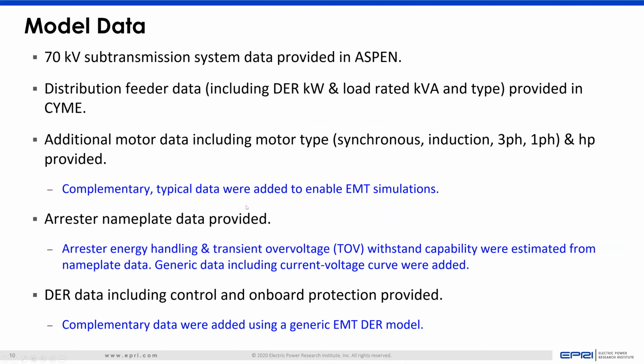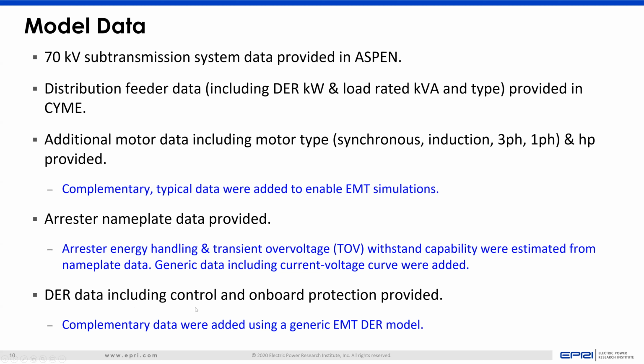And we also added complementary typical data to enable EMT simulations. Arrester nameplate data was also provided, and with those data we estimated the arrester energy handling and transient overvoltage withstand capability. And we also generated a generic current-voltage curve for EMT simulations.